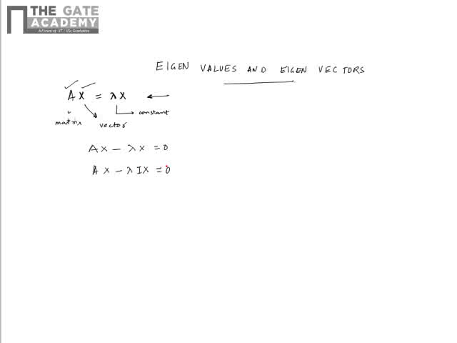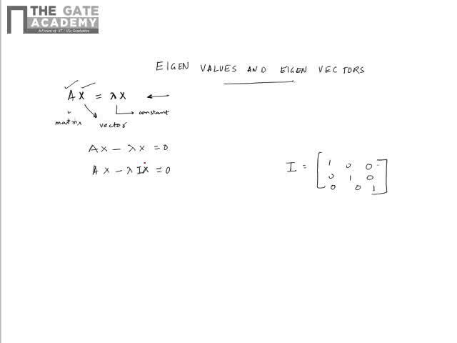The identity matrix we all know is 1 0 0, 0 1 0, 0 0 1. This matrix, when you multiply it with any vector, gives you the same vector. So I am just writing it in that way.